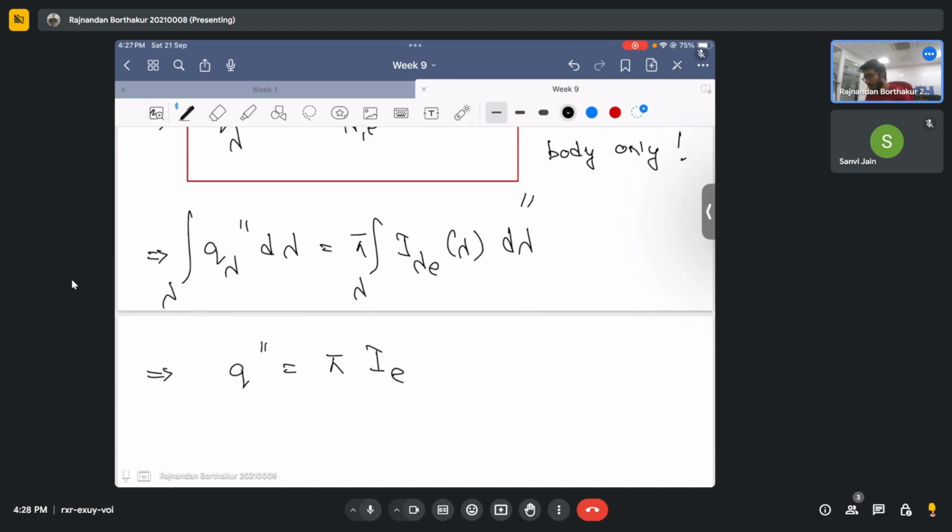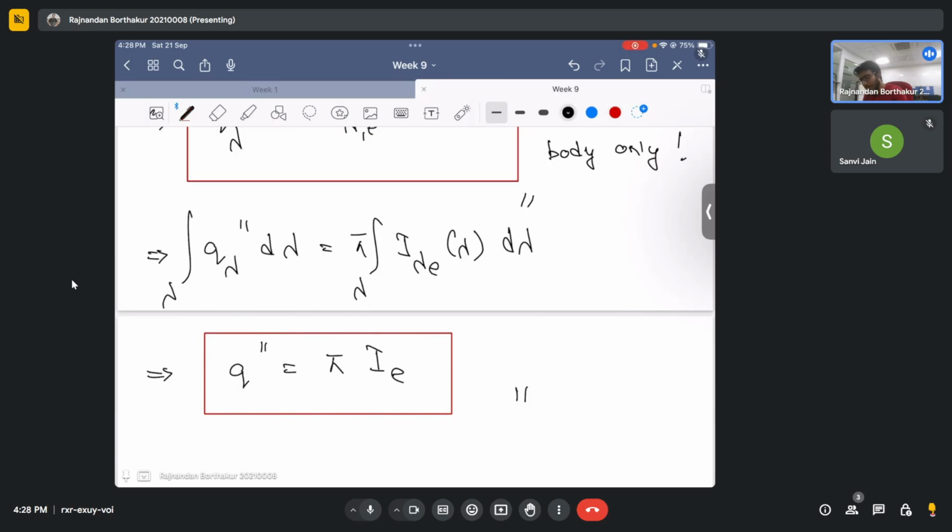And this is true if you integrate it for all the wavelengths. So this is also one of the important results that you need to understand.